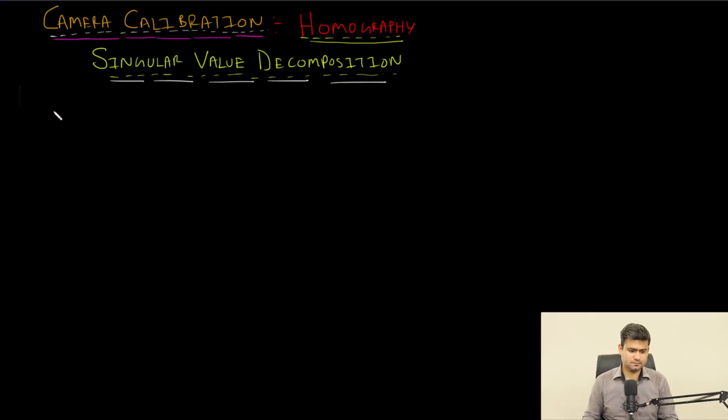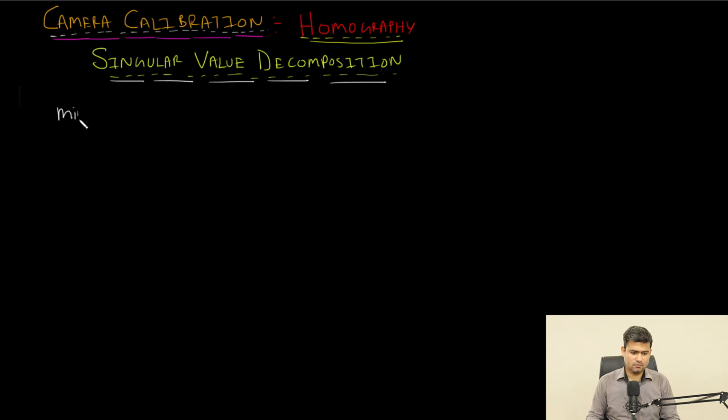results in the following optimization problem. Minimize the norm of Ax, squared, subject to the constraint that the norm of x, squared, is equal to 1.